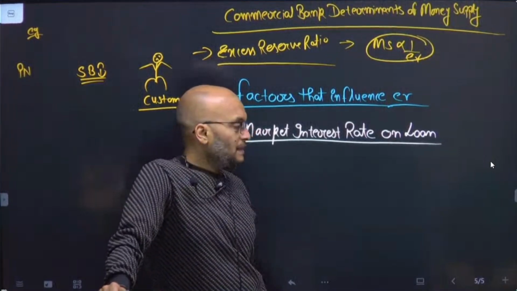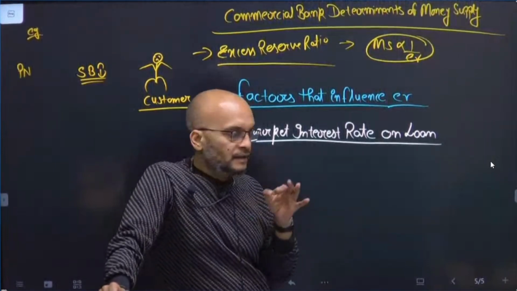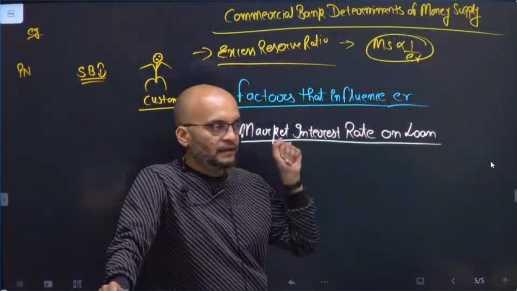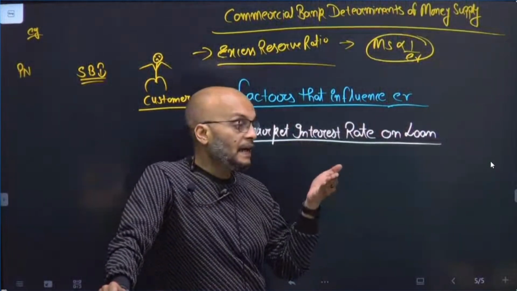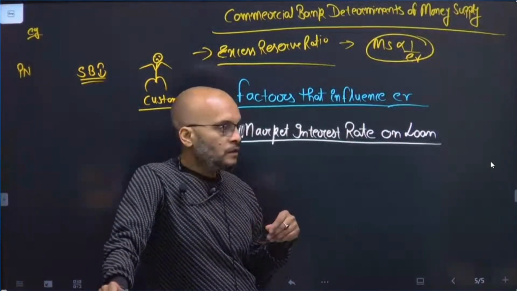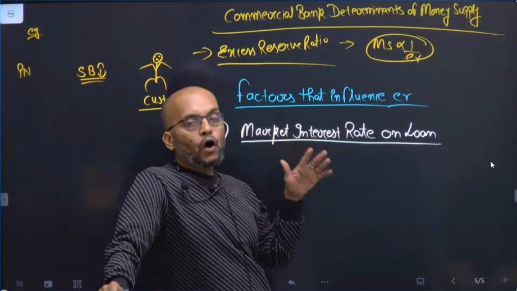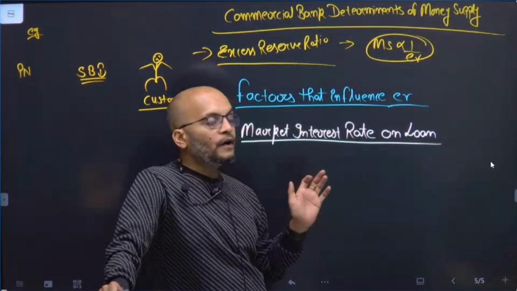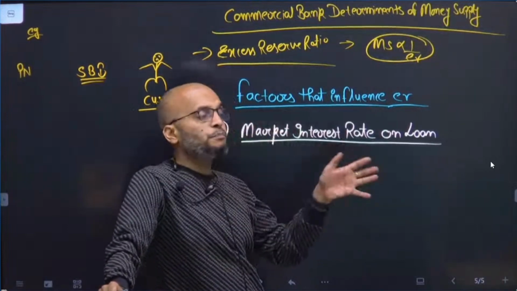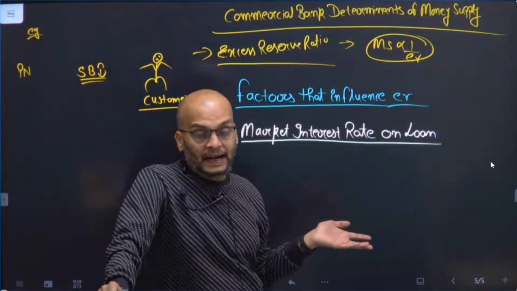So now, these commercial banks, their major agenda is to lend out more and more money so that they can earn more and more interest. Yes or no? Because the most prominent source of income for commercial banks is the interest that they get on loans.